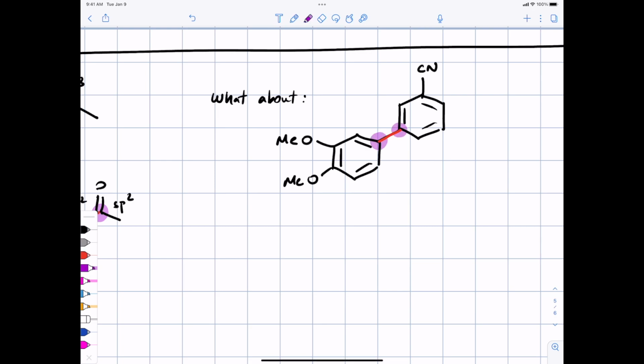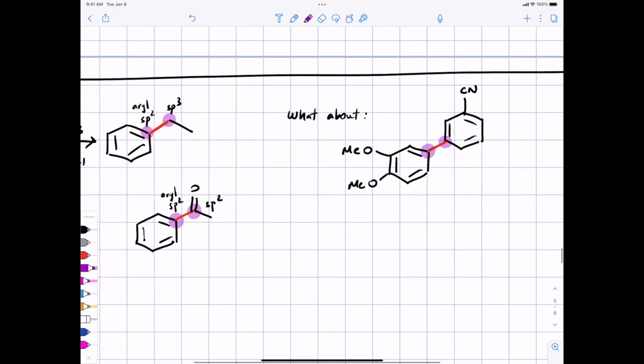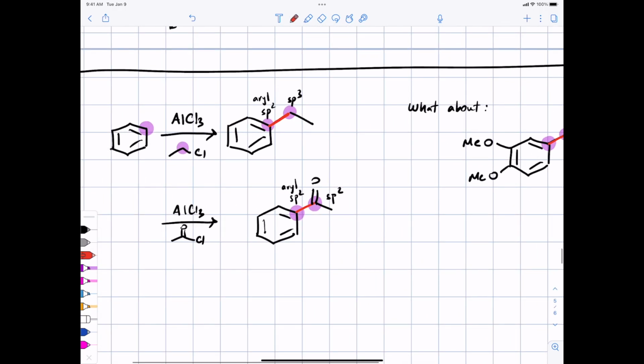Do I have anything for that? Do I have a Friedel-Crafts reaction for that? Problem is, in the Friedel-Crafts reaction, the mechanism involves sort of an SN2 or SN1 style reaction where the benzene ring attacks that carbon in sort of SN2 fashion.